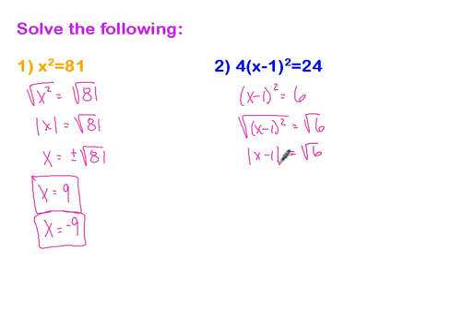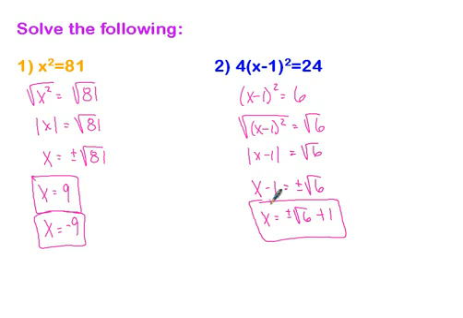Now when I get rid of the absolute value, that's when I include plus or minus. So x minus 1 is equal to plus or minus the square root of 6. Add 1 to both sides, and you get x is equal to plus or minus root 6 plus 1. And here are your two solutions: the square root of 6 plus 1 and negative square root of 6 plus 1.